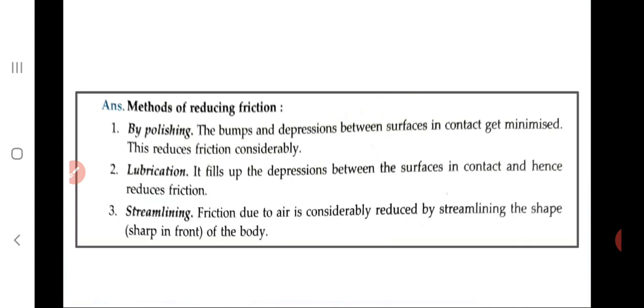So by polishing, by lubrication, and by streamlining, which is applicable in the case of vehicles which pass through air. To reduce the friction due to air resistance, we can have the special shape of the aeroplane and even the helicopter; that shape we call streamlining. So these are the methods of reducing friction.